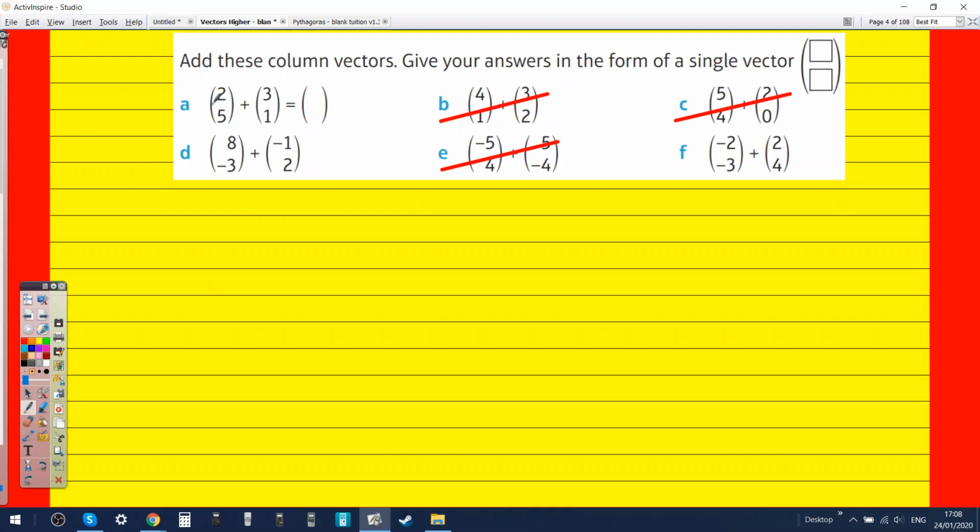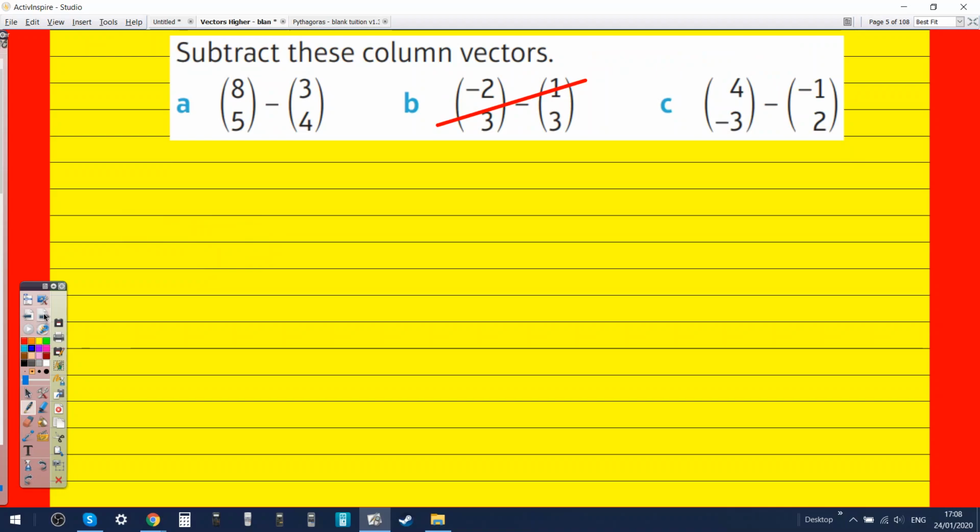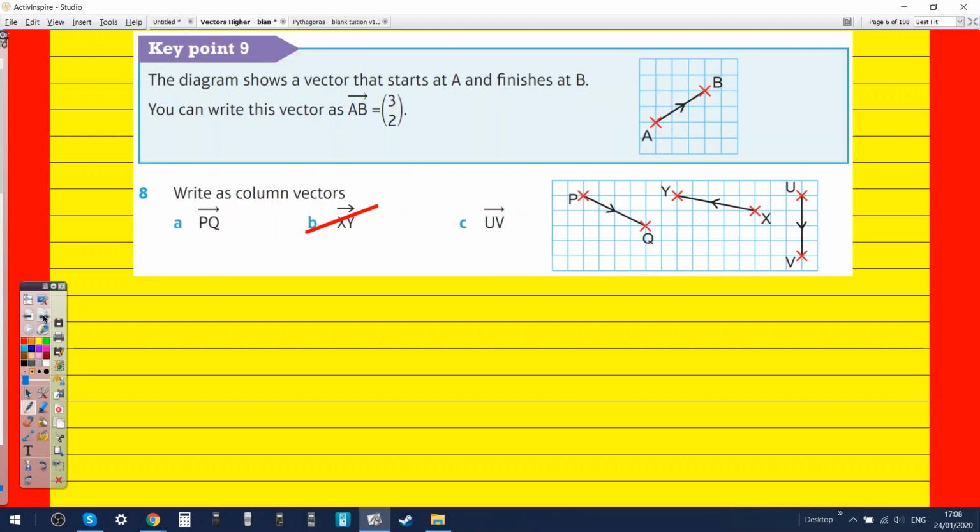Okay, so any idea how you do the first one? 5, 6. Yeah, that's fine. And you'll be fine for the rest of those. What is the vector PQ? 4, -2. Great.